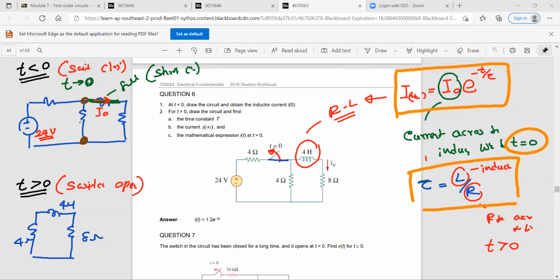So what's the voltage here? That voltage you can find. These two resistors, 8 and 4, are in parallel. So you can make it a single resistor. 8 times 4 divided by 12, which is 8/3, isn't it? Am I right?